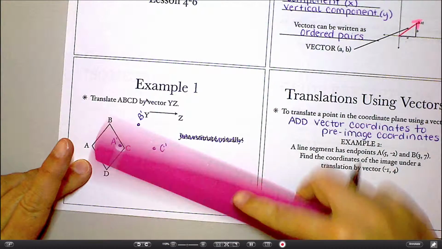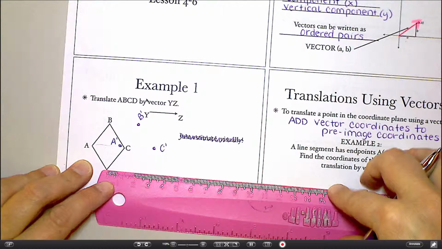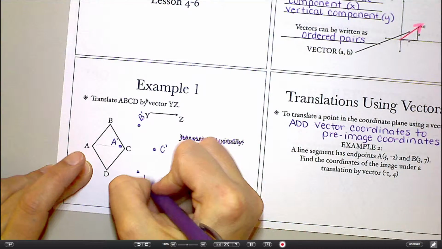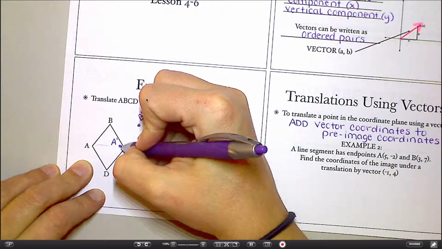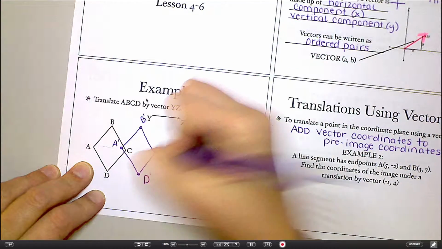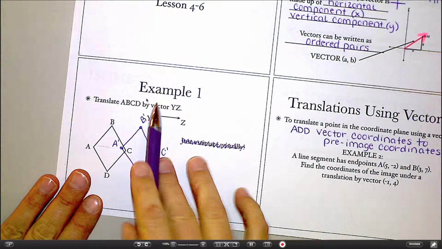And my D is going to move 2 centimeters over. And then I can just reconnect my dots. And I've successfully, almost, translated my rhombus from here to here. So that's a translation by this vector.